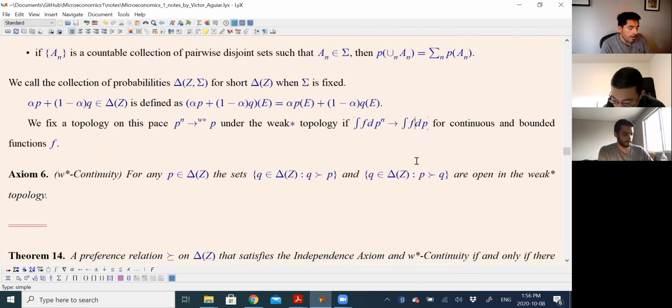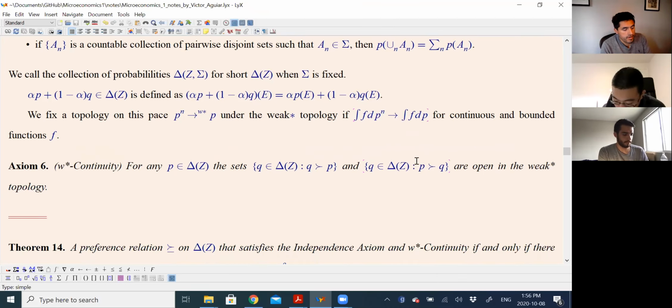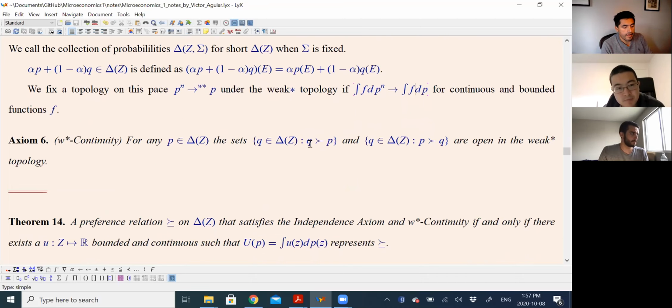Under the weak star topology, we say that for any P, the upper contour set and the lower contour set of P are open in the weak star topology. Again, this means that the weak upper contour set that includes the indifference, and the lower contour set that includes the indifference, are closed in the topology.